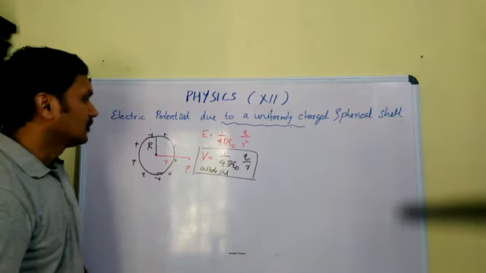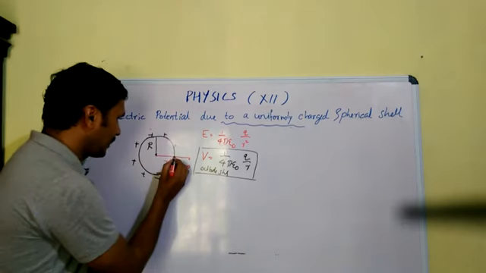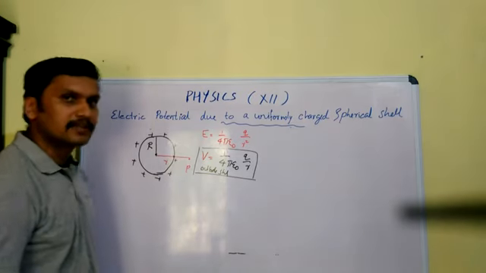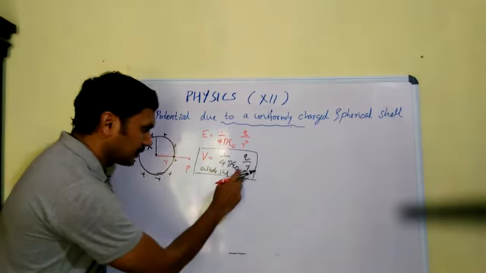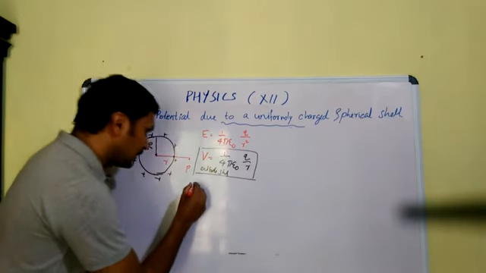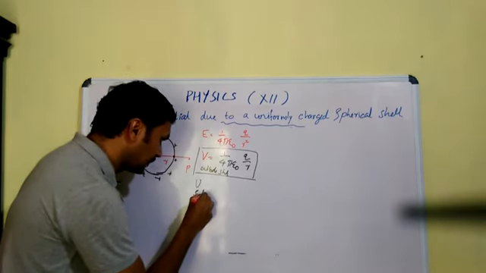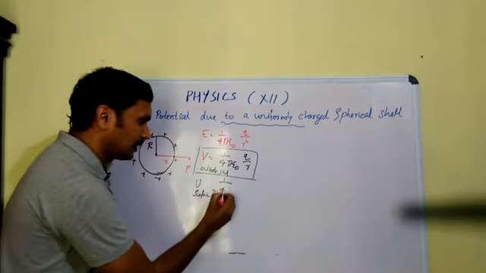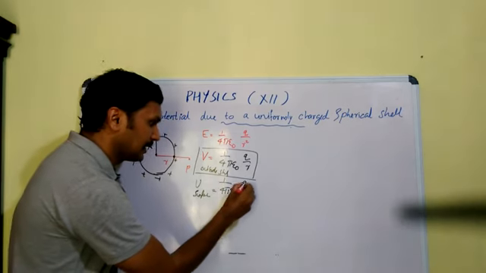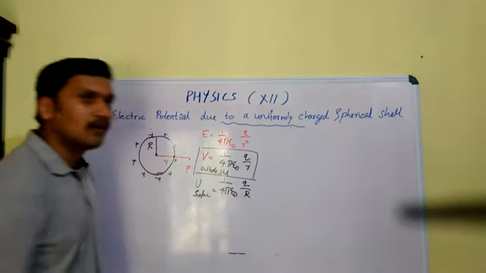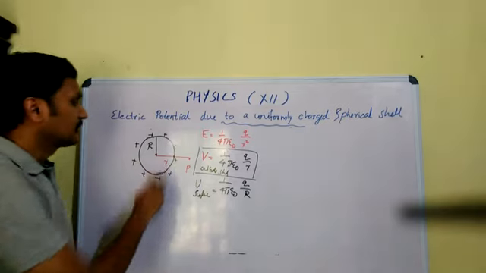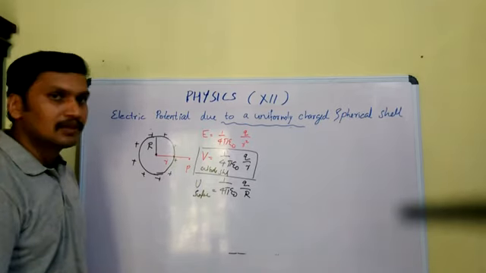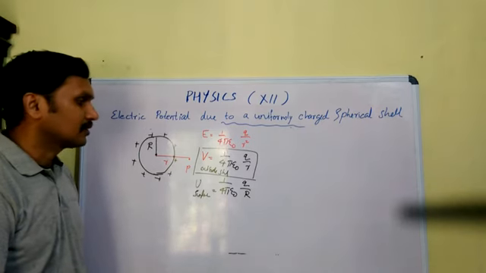Now, if the point is on the surface of the shell, instead of r we can use capital R. That is, V on the surface of the shell is equal to 1 by 4 pi epsilon 0 q by R. This is the value of potential due to the shell on its surface.